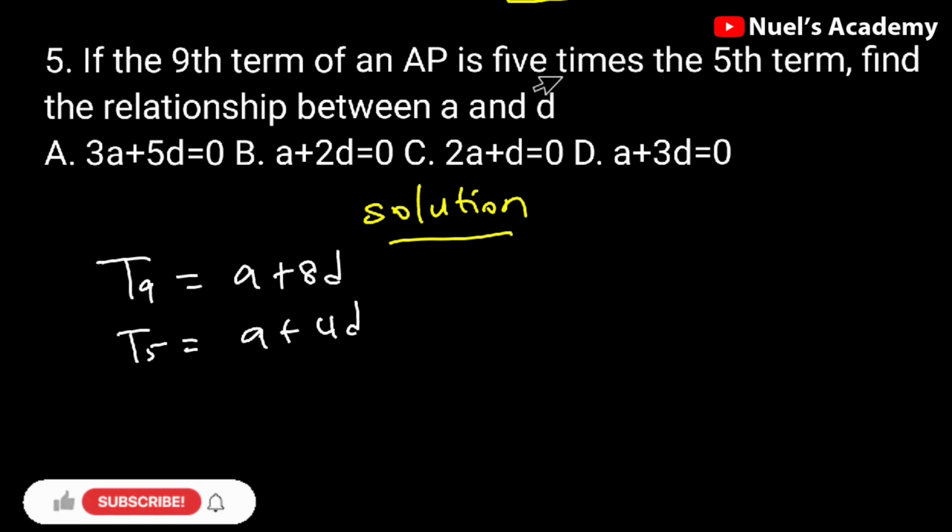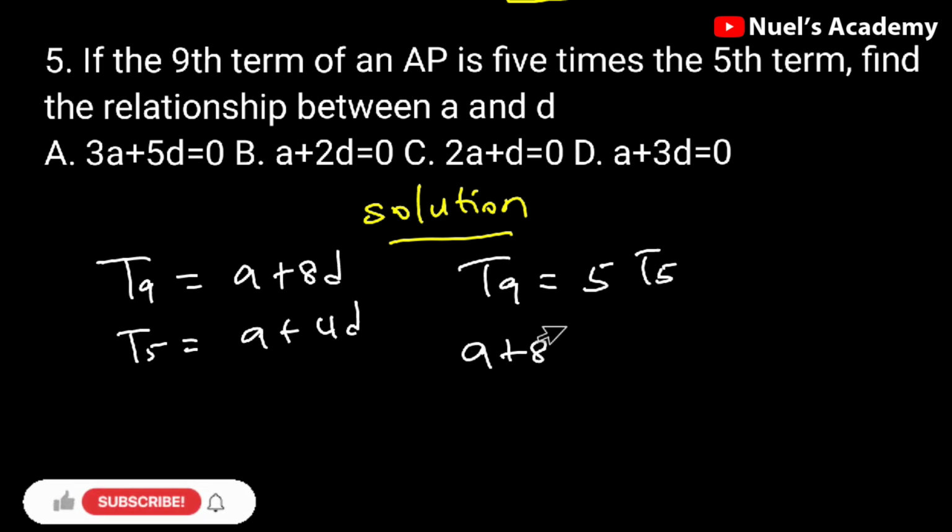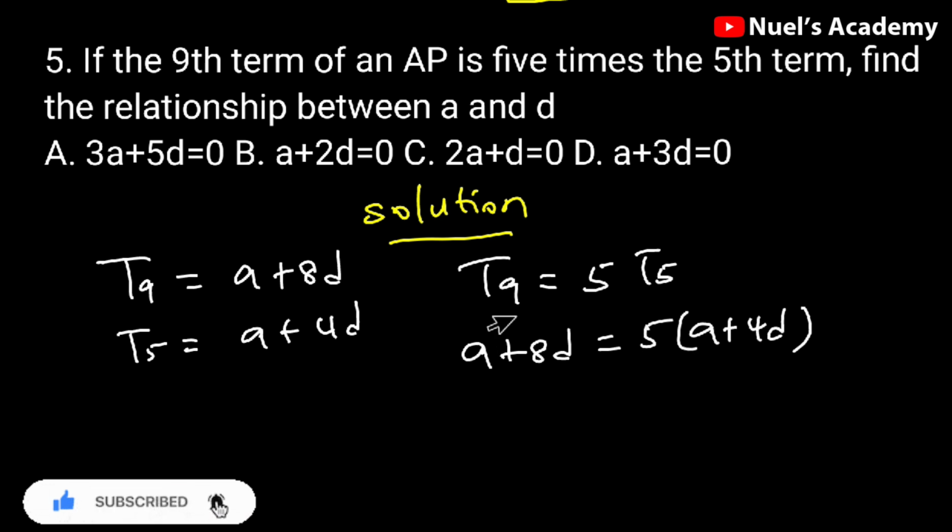So we are told that the 9th term is equal to 5 multiplied by the 5th term. So this is going to be a plus 8d is equal to 5 multiplied by a plus 4d. So we have to find the relationship between a and d.